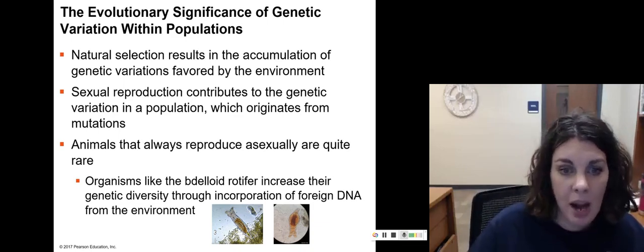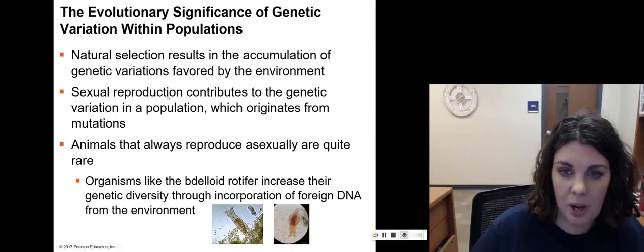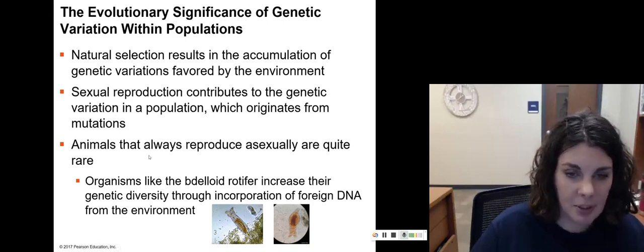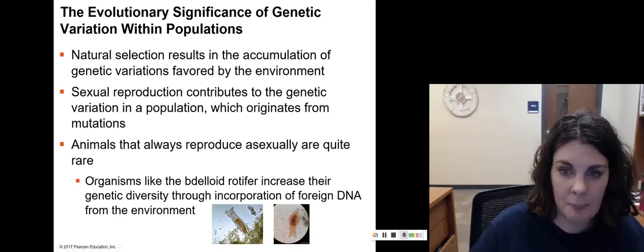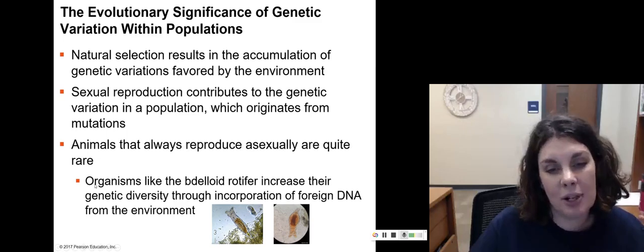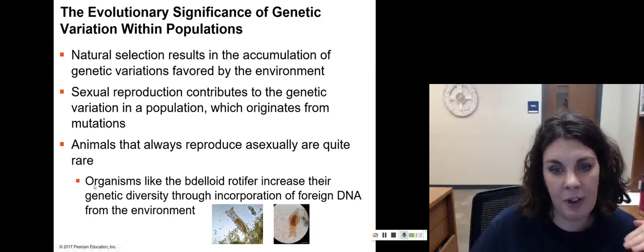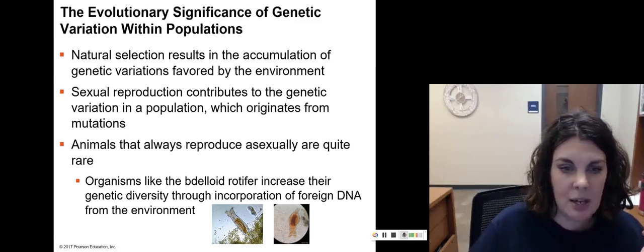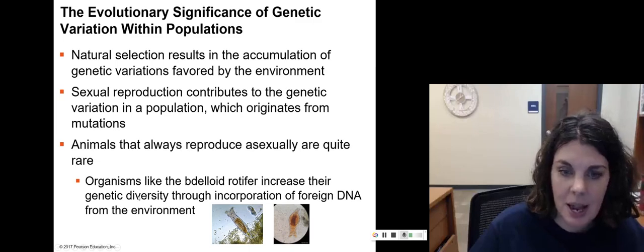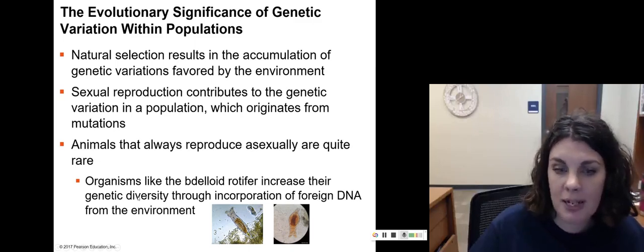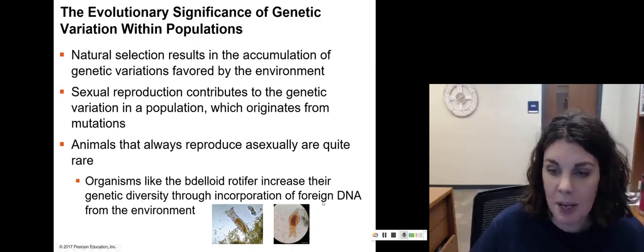There are animals that reproduce asexually, although they are quite rare. So things like the diploid rotifer, an animal that reproduces asexually. And these organisms have their own way of developing genetic diversity. These asexually developing organisms can incorporate foreign DNA from the environment.